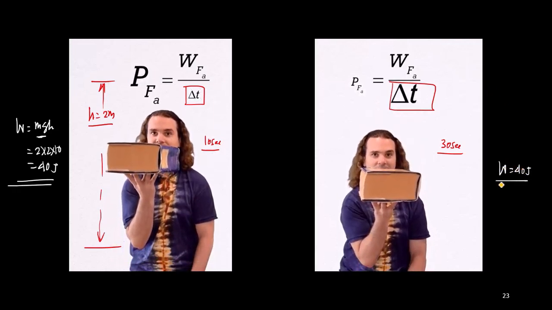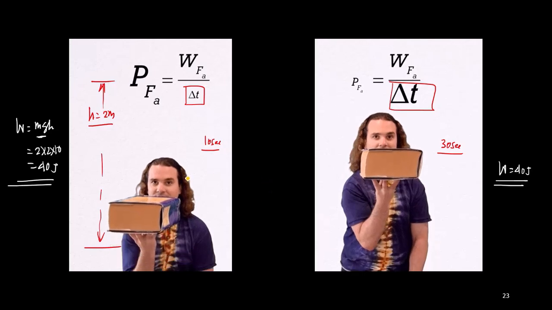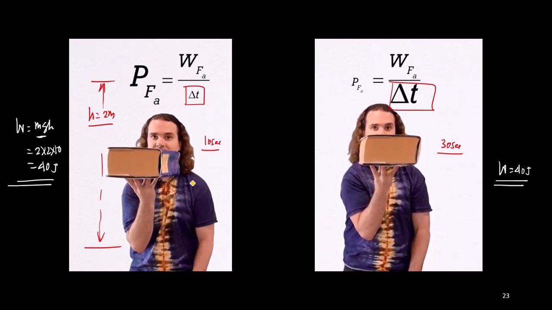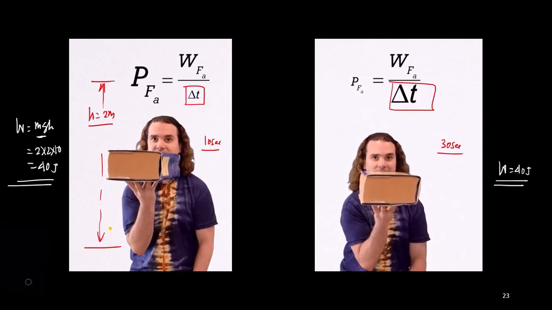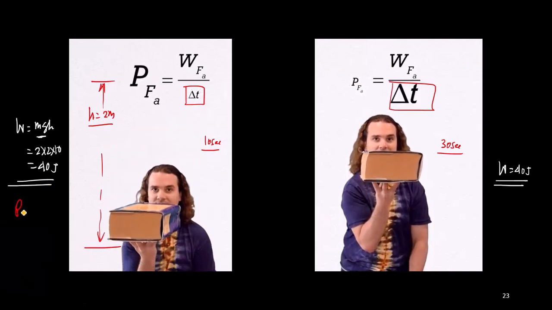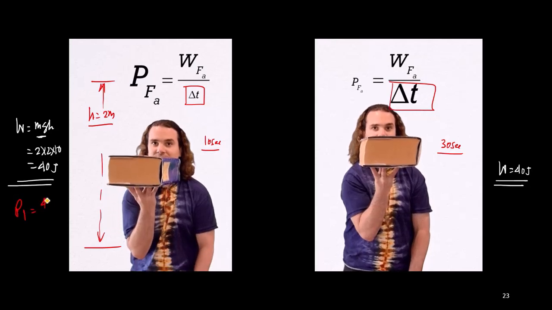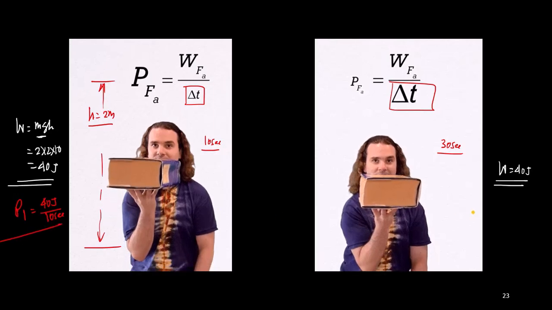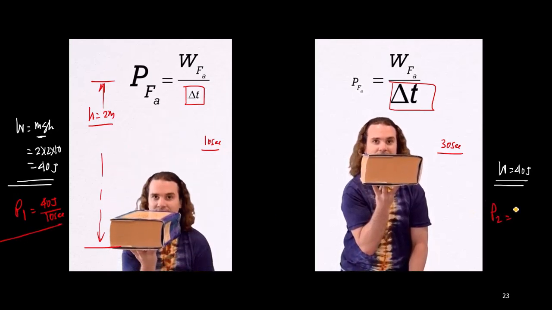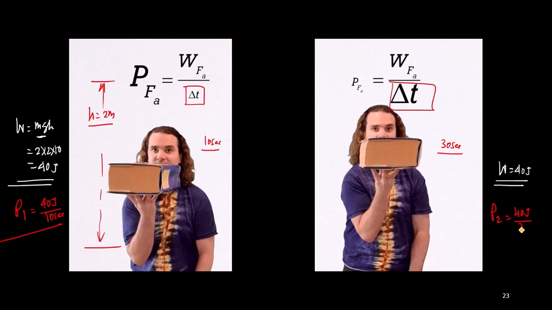But the difference between these two is that one work is being done in a slower time and the other work is done in a faster time. Corresponding to the power, in the first situation, 40 joule of work is being done in 10 seconds. In the second situation, 40 joule of work is being done in 30 seconds.